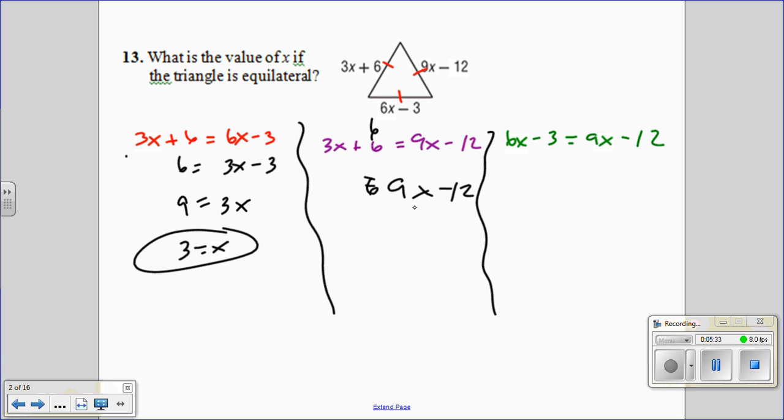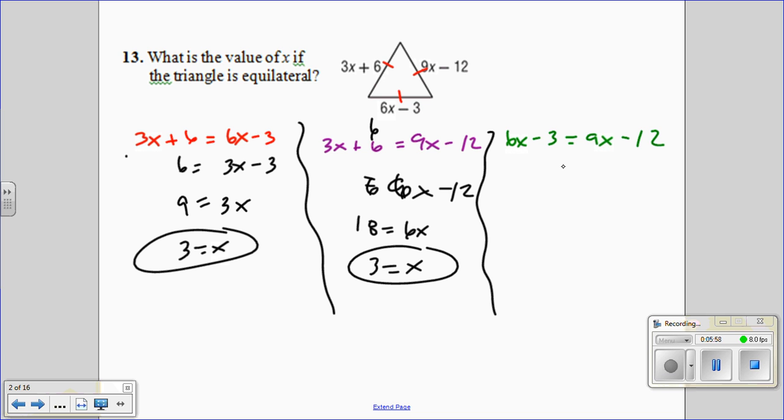And then I would add 12 to each side, which would give me 18 equals 9x. I'm sorry. I subtracted 3x, so it should have been 6x, not 9. And then divide both sides by 6, and you would have 3 equals x.